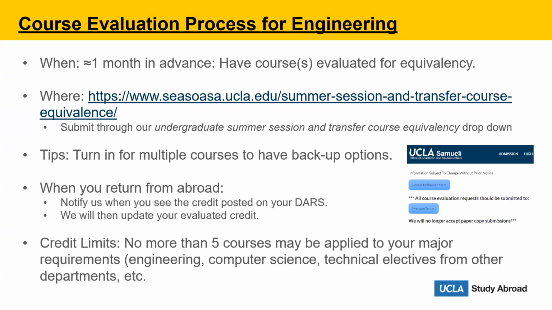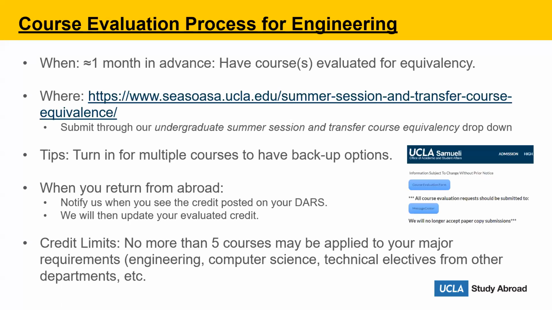But when it comes to the engineering process to making sure that you meet a requirement towards graduation, we have this course evaluation process specifically for engineers. And so we want to go onto this website, listed on this slide here, and downwards, you'll notice that we have different tabs. And on those tabs, you'll have frequently asked questions that can answer things like, why would you submit a course and how you will get credit, things like that.